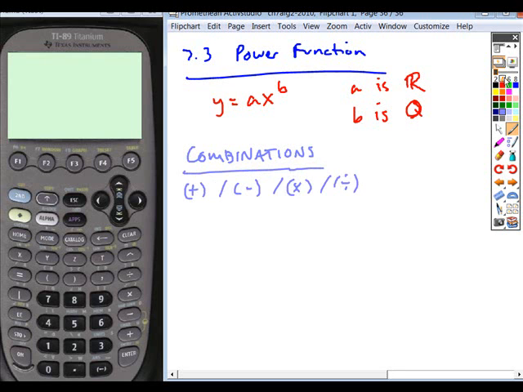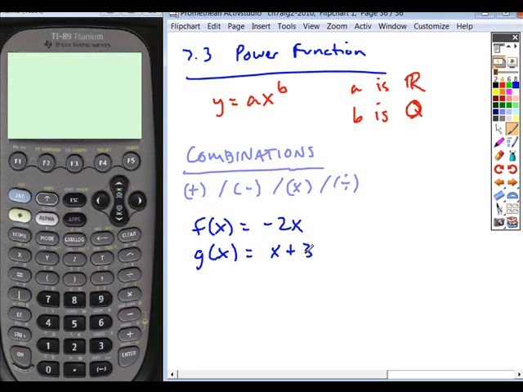The way that a combination of functions will look is it's going to have the following form. It'll say something like this: f of x is equal to negative 2x, g of x is equal to x plus 3.